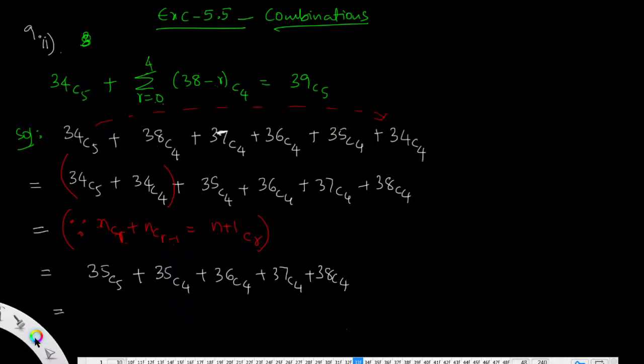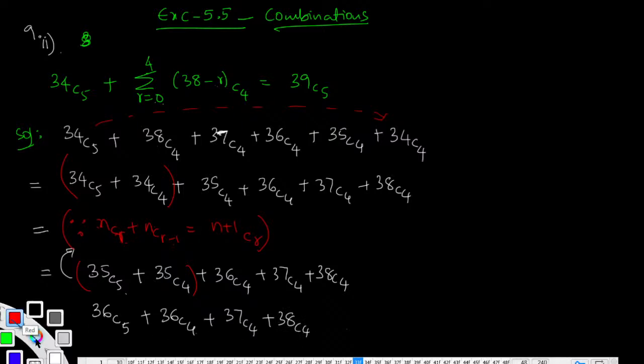Now again make a pair, 35C5 plus 35C4, in the form nCr plus nCr minus 1. So n plus 1, that is 35 plus 1, is 36C5 plus 36C4 plus 37C4 plus 38C4.